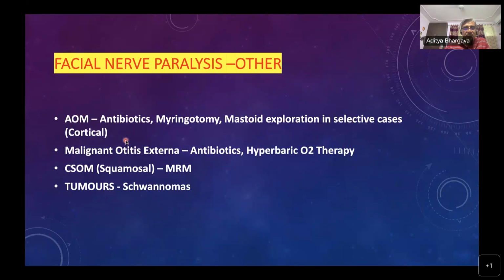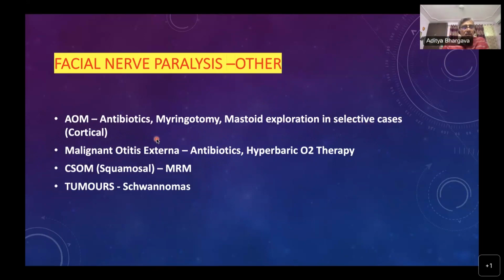In selective cases, only a cortical mastoidectomy is done. Here, we are going to decompress the mastoid and open up the aditus a little so that all the abscess and the pressure is relieved, and the facial nerve may improve.